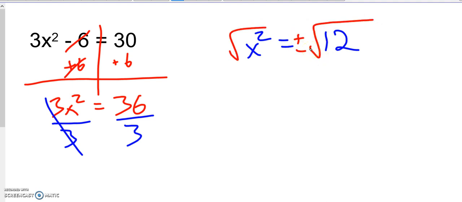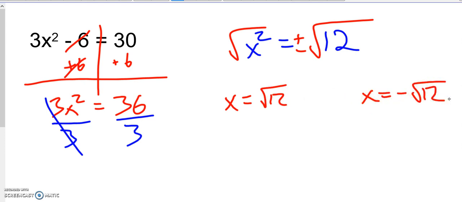And one of two things can happen here. We could write x equals square root 12 or x equals negative square root 12. But sometimes, especially if it's multiple choice, they may ask us to break this down like we did in the past with square roots. So 12, break it into 4 and 3, and we know the square root of 4 is 2.